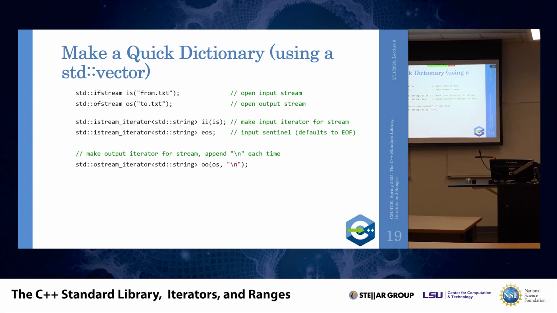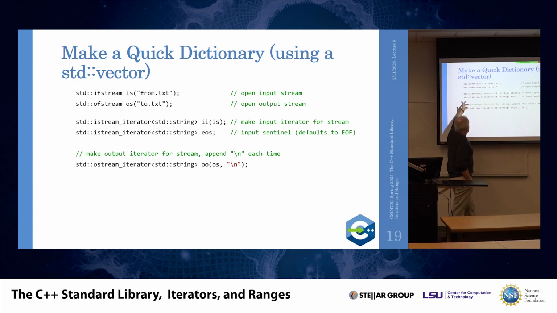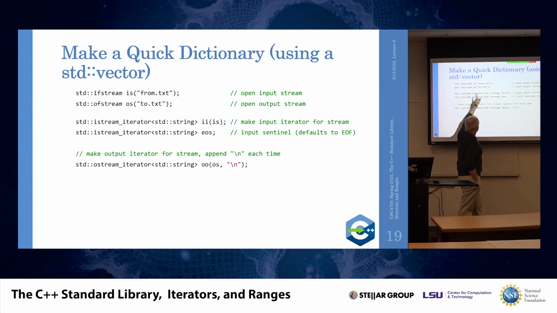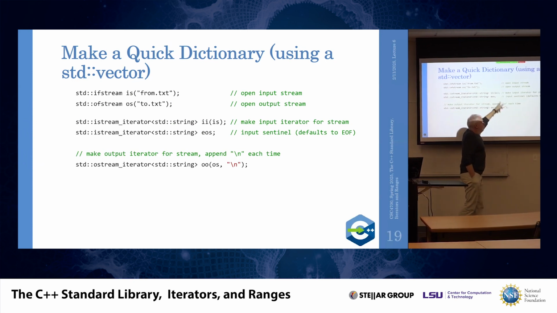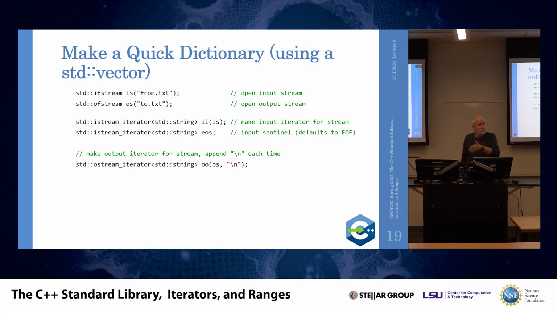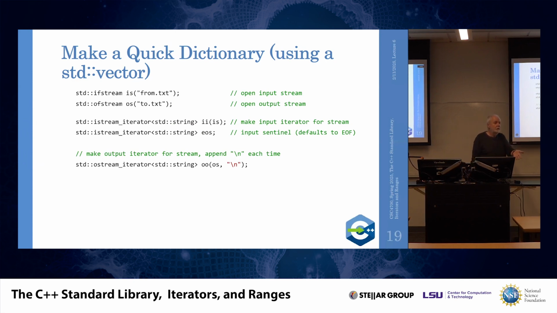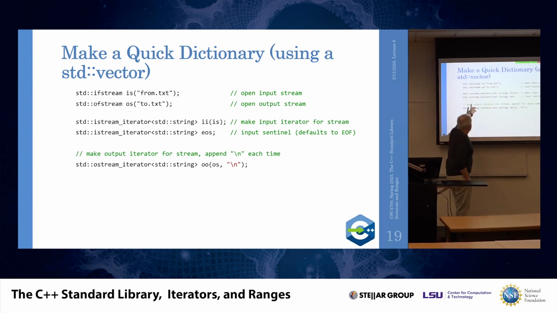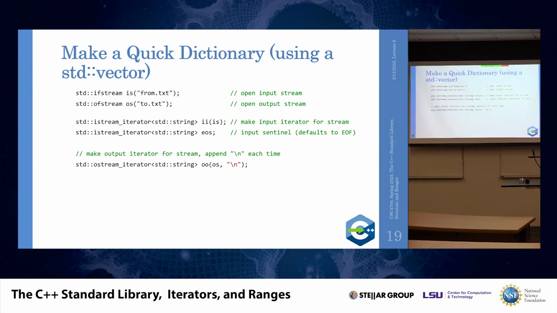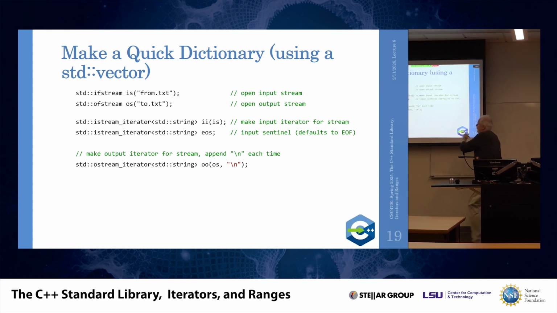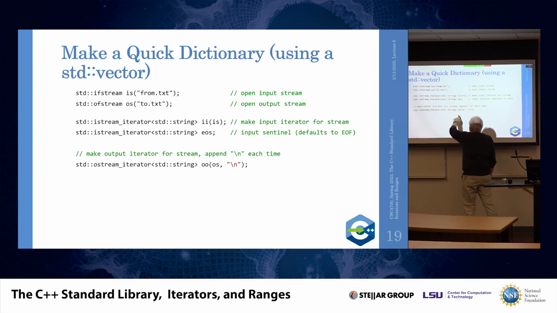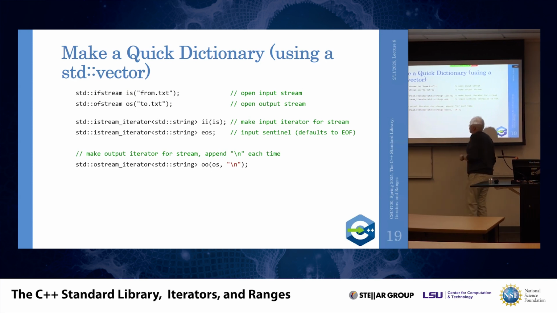Then we define a couple of iterators, two istream iterators, one which is bound to our input file, and an iterator that is constructed as representing the end of file. We want to copy things from A to B, so we have to have an end iterator representing the end of the file, and a default constructed istream iterator represents that. So we can always use that as an end iterator.